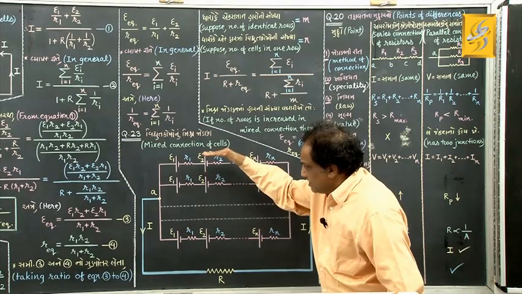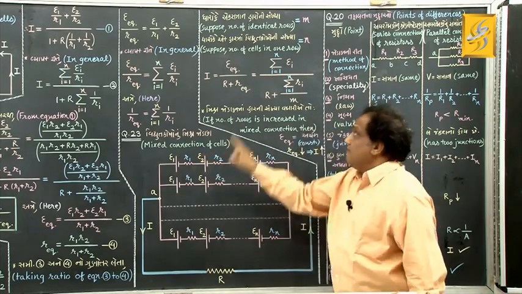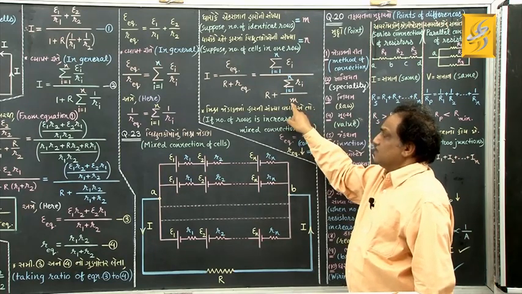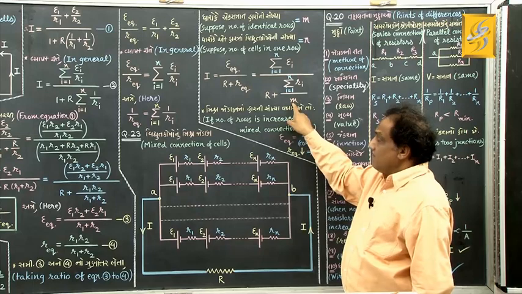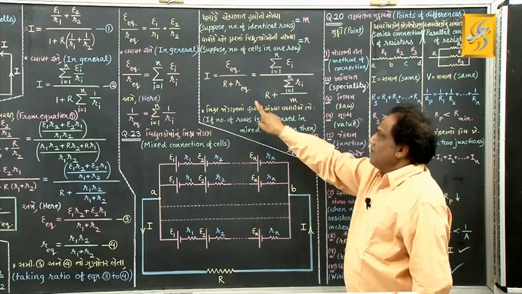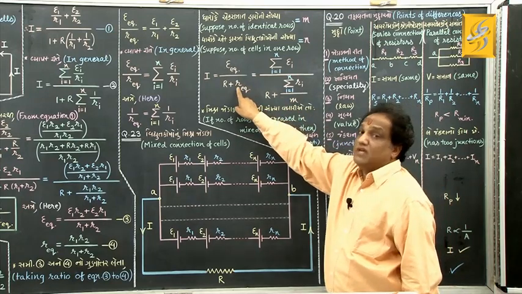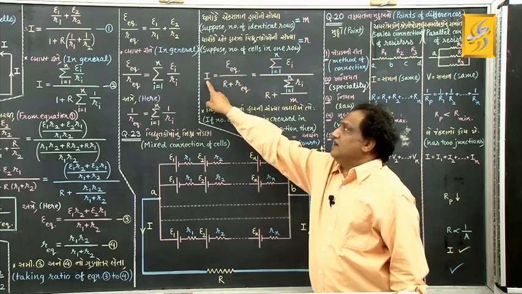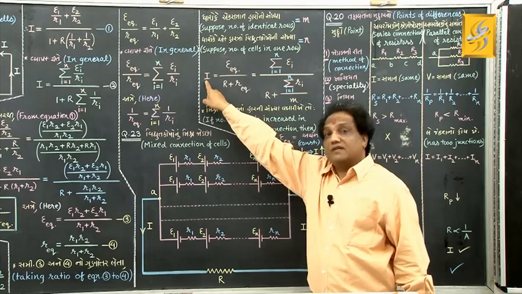See, when you increase the number of identical rows, M will increase. When M increases, this term will decrease, because M appears in the denominator in this term. When this goes on decreasing, this entire summation will go on decreasing, and finally it will cause an increase in this current, correct?